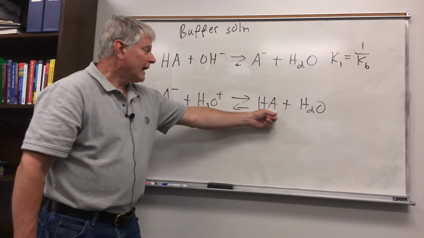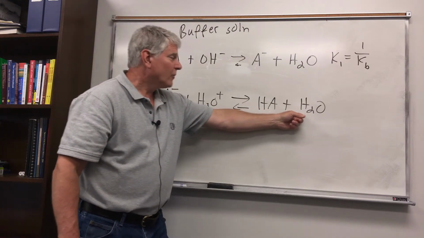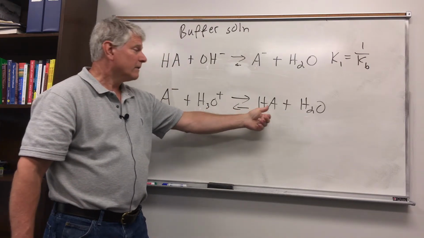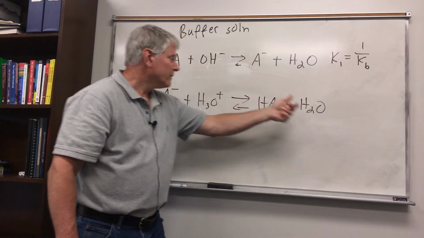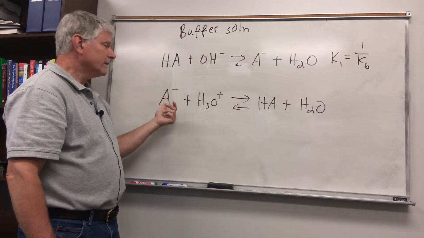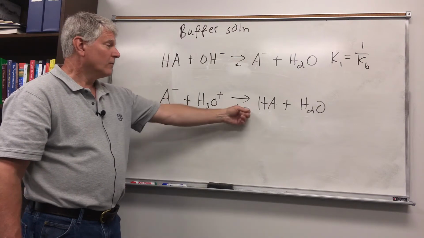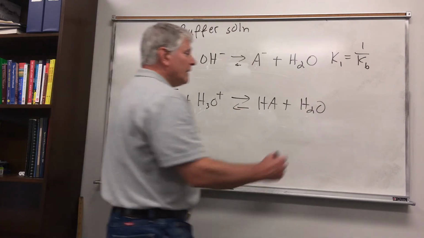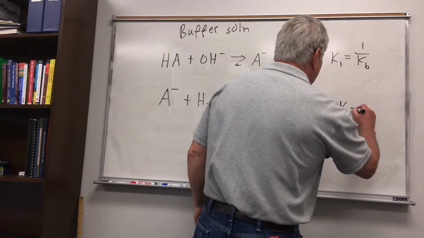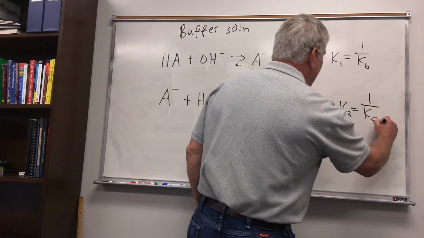Now, if I look at this reaction carefully, it's just the reverse of the Ka reaction. An acid in water produces H3O plus and its conjugate base. So this is just the backwards reaction of a weak acid in water. And so this equilibrium constant is just 1 over Ka.